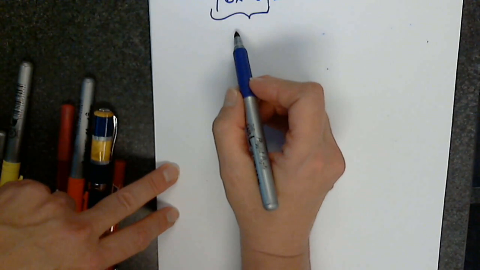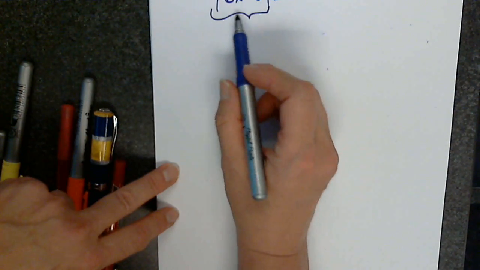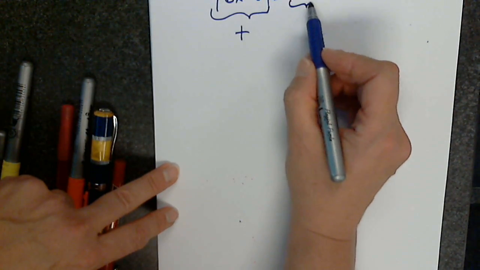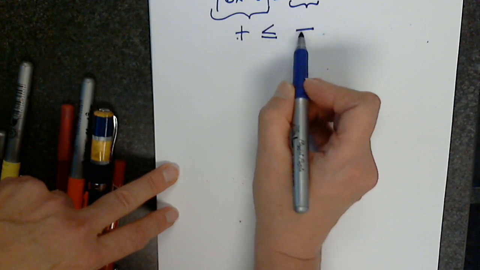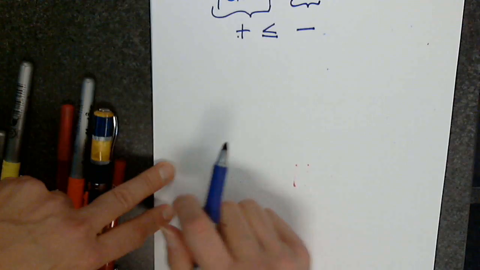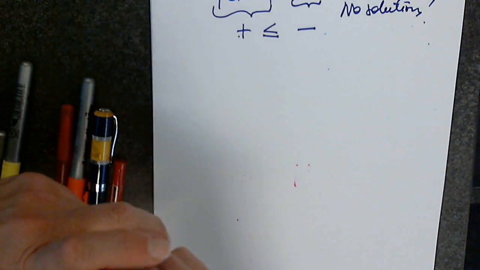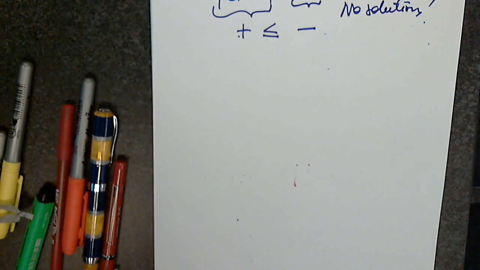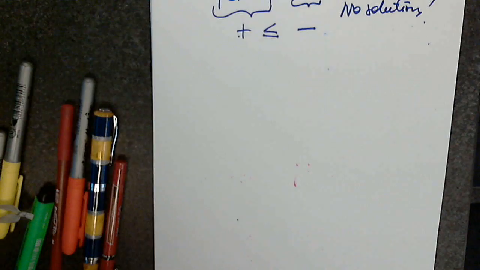What type of number is this? Positive. What type of number is this? Negative. So can I ever say that a positive number is less than or equal to a negative number? No. Very good. No solutions.